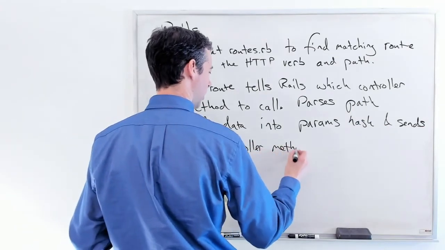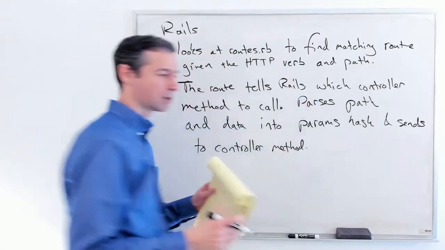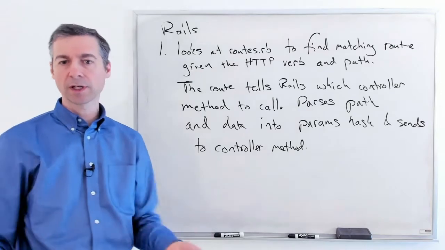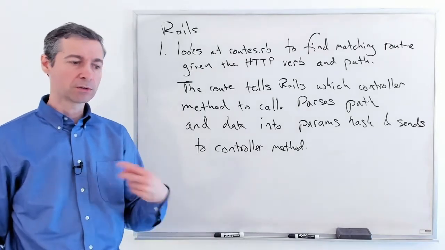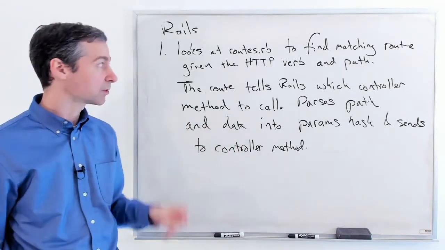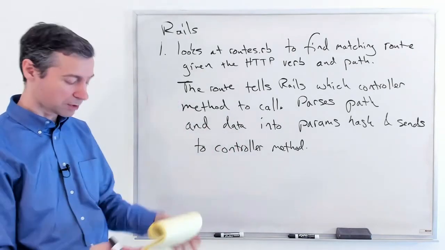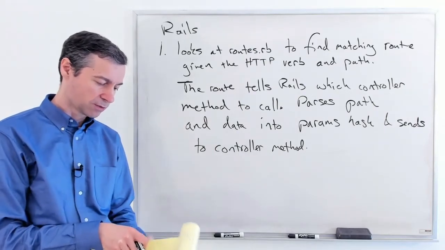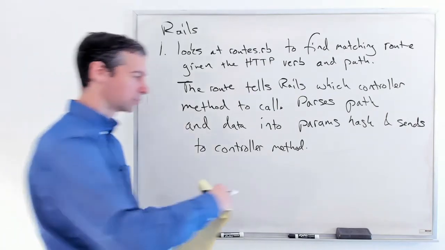So you don't have to be bothered with parsing it and processing that data into a usable form. It gets turned into a very nice hash table, and you can say, okay, for this key, what's its value? It's a wonderful setup. All right, so that's what Rails first does: go through the routes and find which controller method to call.